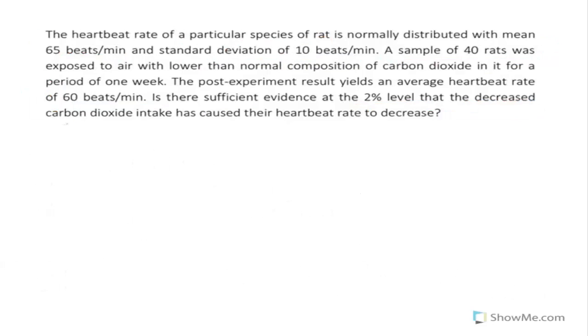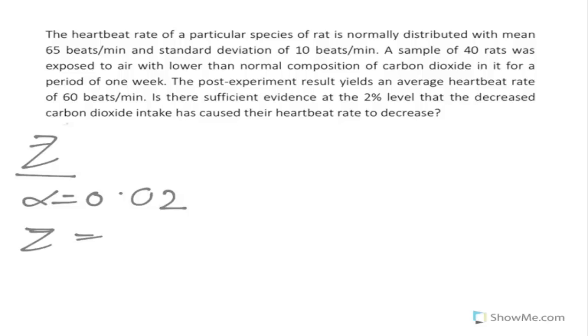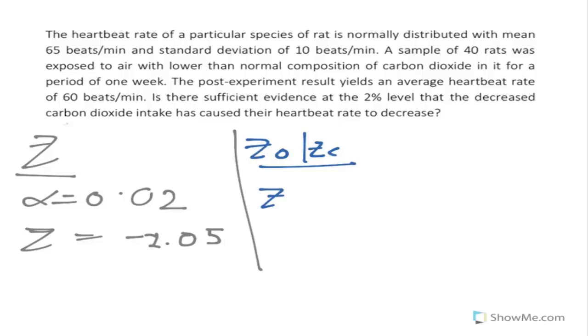Now that you know that, let's find the z value. You know that your alpha equals 0.02. When you look at your normal distribution table, you will find that z is equal to negative 2.05. So here you found your z. Now you want to find the z naught, also called zc. How are you going to do this? z is sample mean minus population mean over standard deviation over the square root of n.